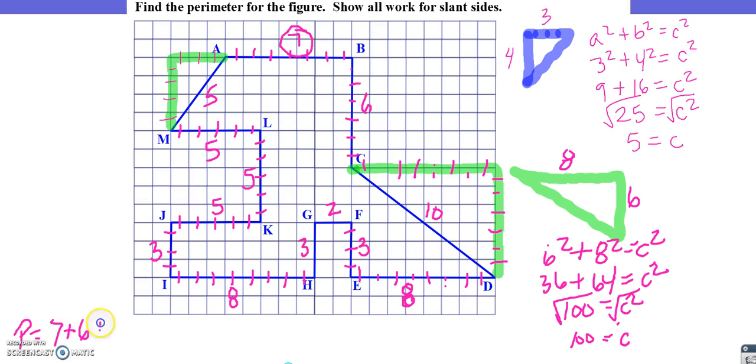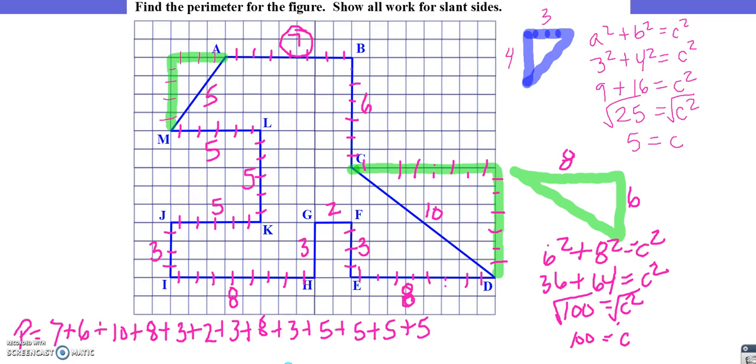So 7 plus 6 plus 10 plus 8 plus 3 plus 2 plus 3 plus 8 plus 3 plus 5 plus 5 plus 5 plus 5.